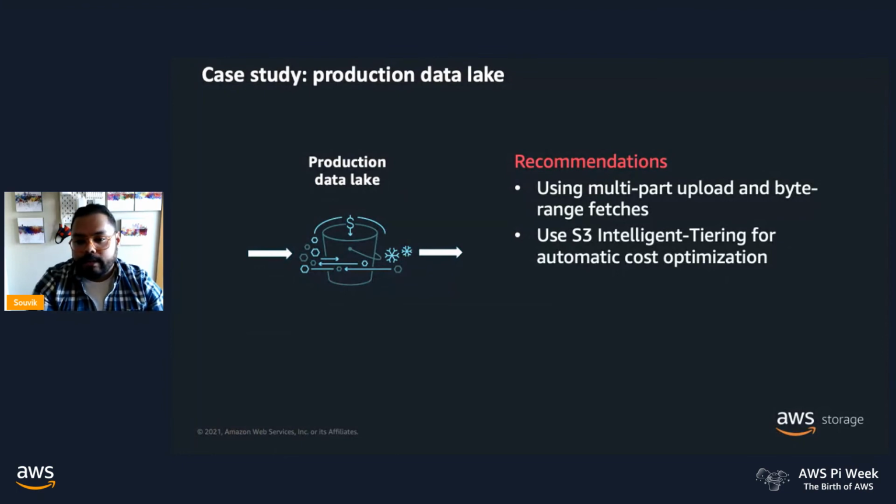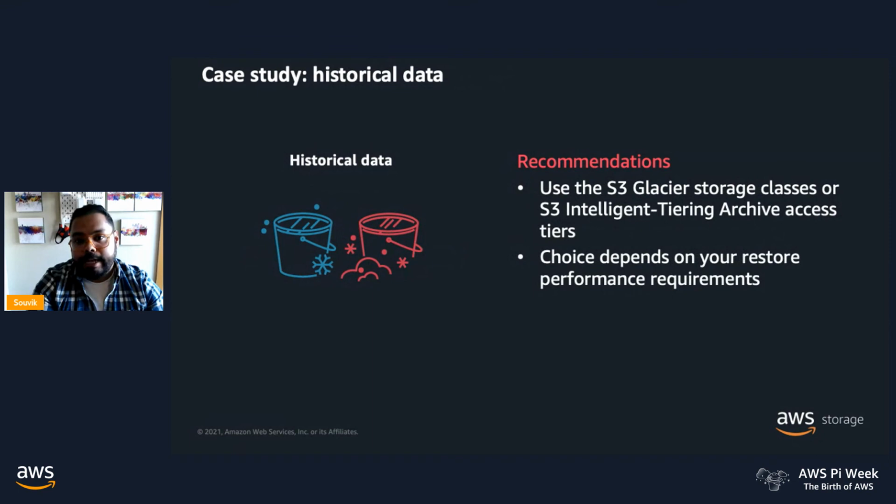We also find that a lot of customers use Intelligent-Tiering for their production data lake storage, as data in that kind of production state often has unpredictable access patterns because many business analysts are accessing the data in unpredictable ways.